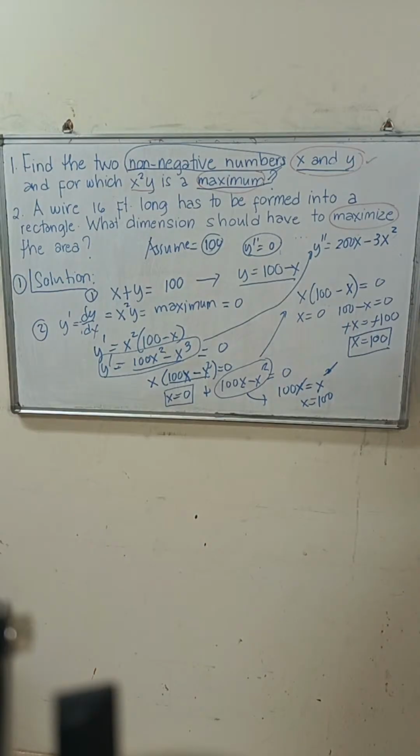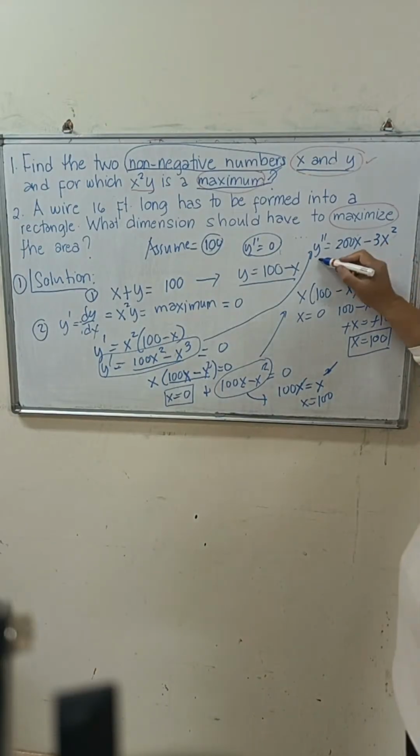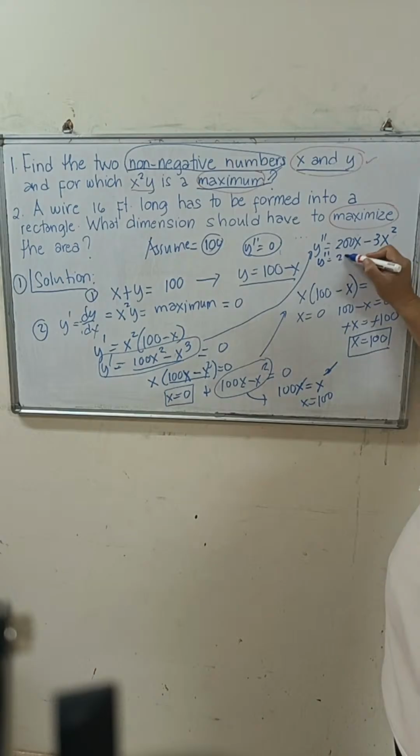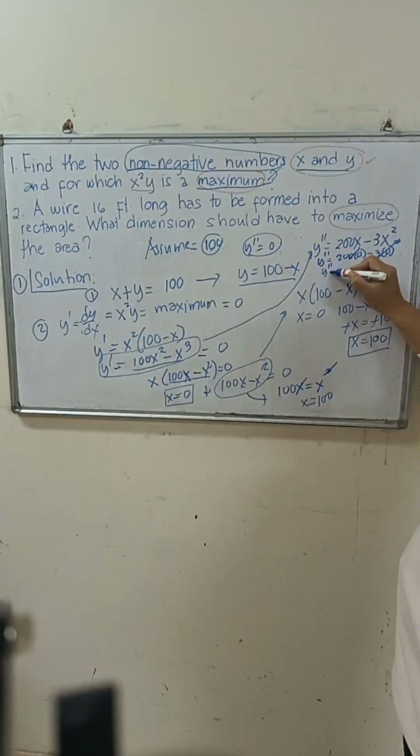Now if we substitute 0 for x, y double prime is equal to 200 times 0 minus 3 times 0 raised to the power 2. So 0 to the power 2 is 0, 0 to 3 is 0. So y double prime is equal to 0.